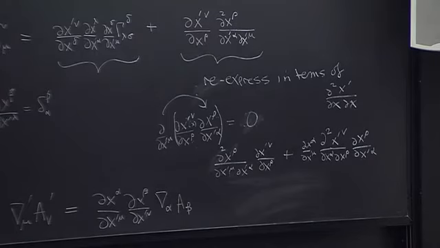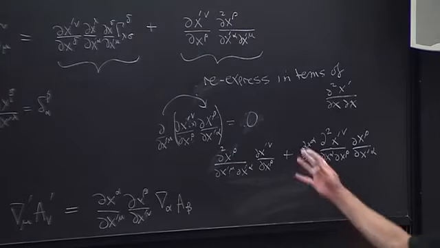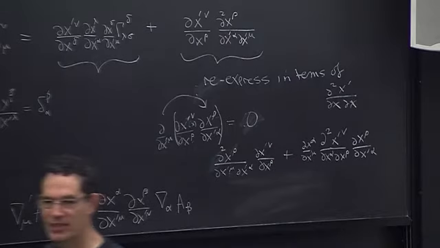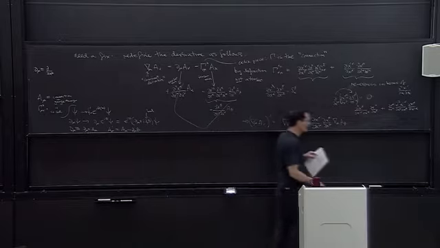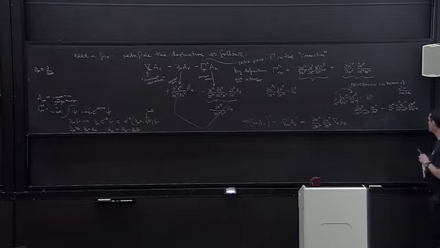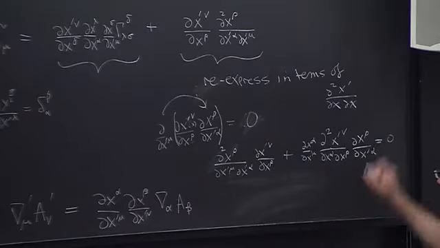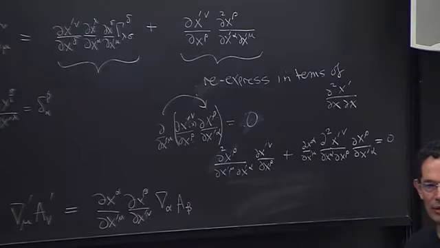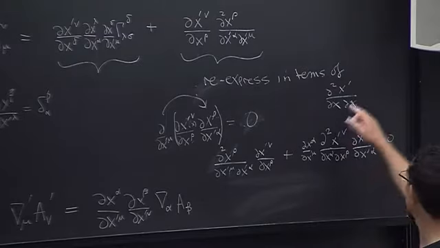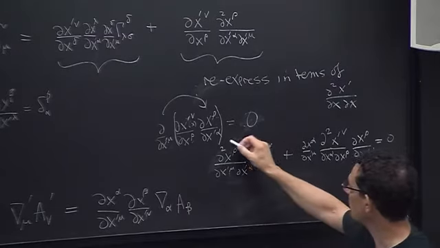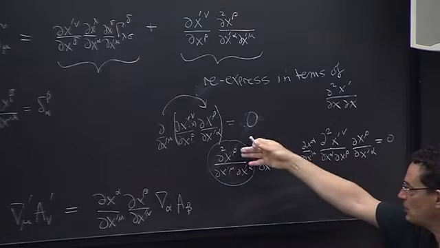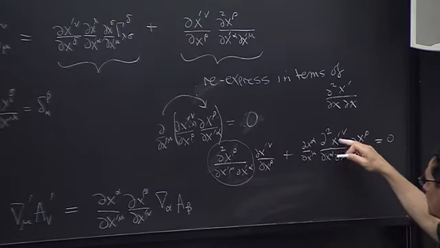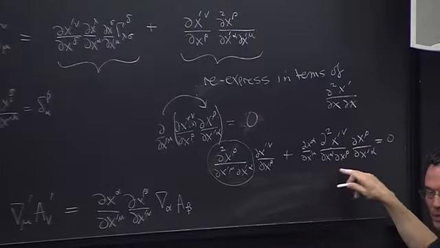Okay? So yes, you do get headaches from doing a lot of these calculations. But I can assure you, once you do enough of them, you'll get happy with them, I hope. All of this is 0, because the right-hand side is 0. So that means we've now succeeded. We've expressed this derivative, d2x dx prime squared, in terms of d2x prime dx squared.